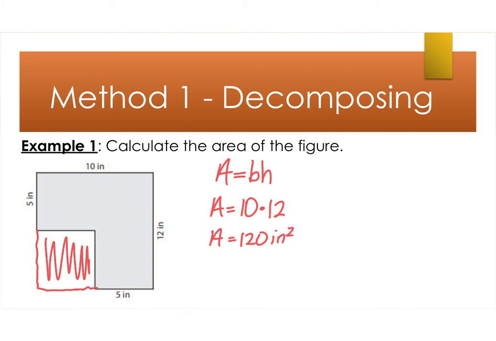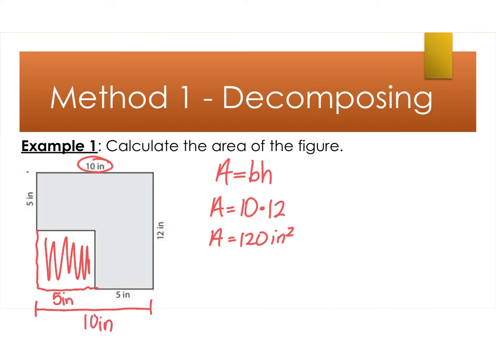Now I have to find the area of the red area. So if I look, this whole length is 10, because I see that up here. This portion is 5, so that means this portion is 5, because 5 plus 5 equals 10.